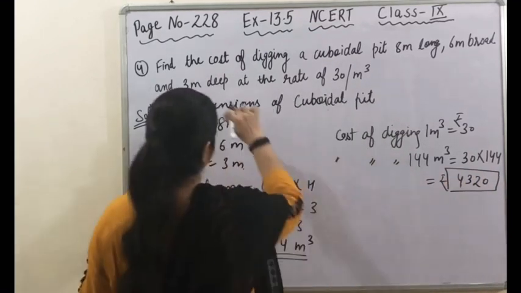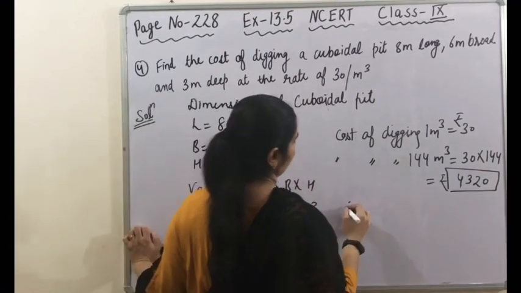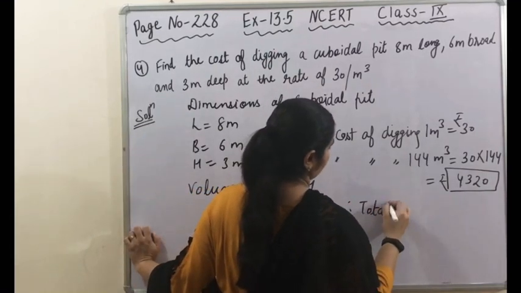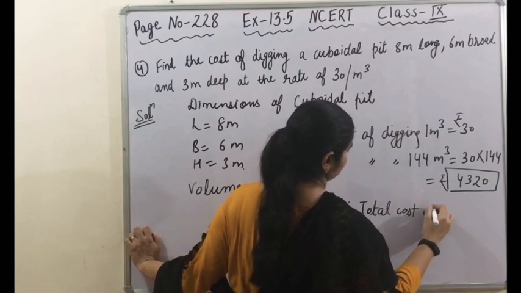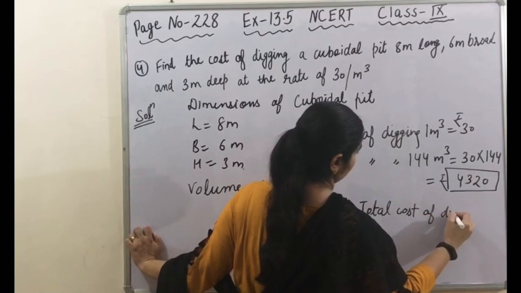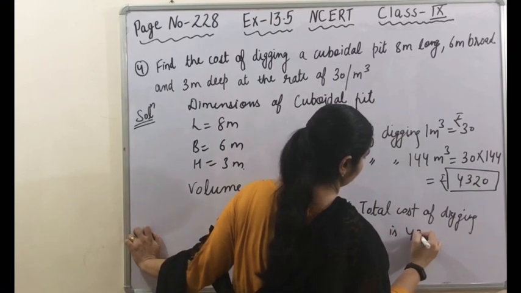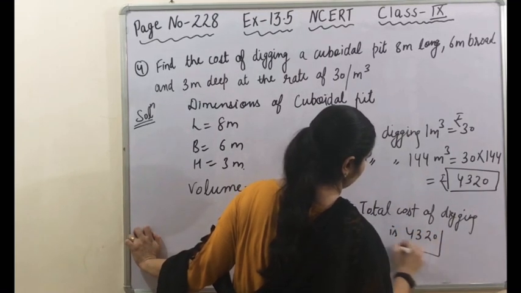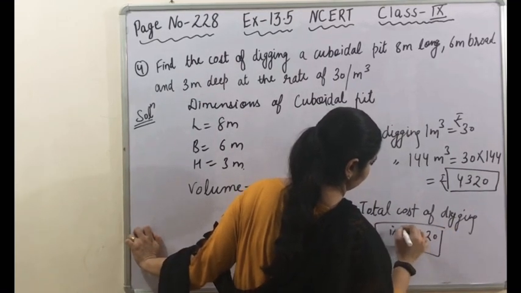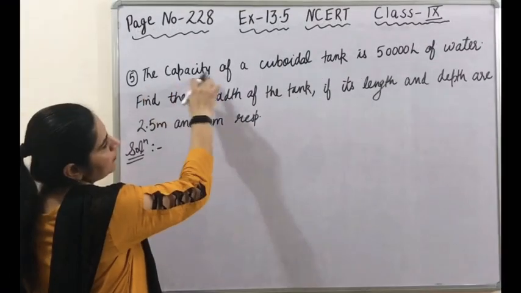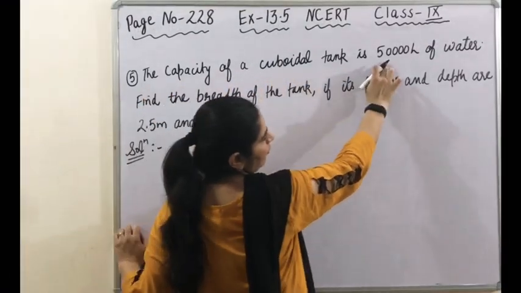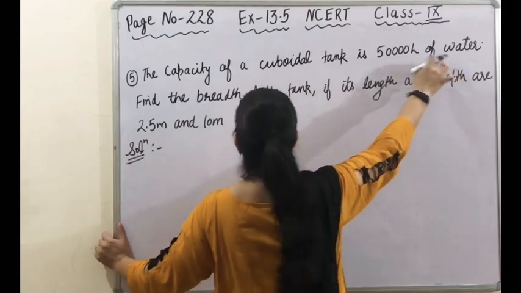Don't forget to write down the answer statement. Therefore, total cost of the digging is rupees 4,320.